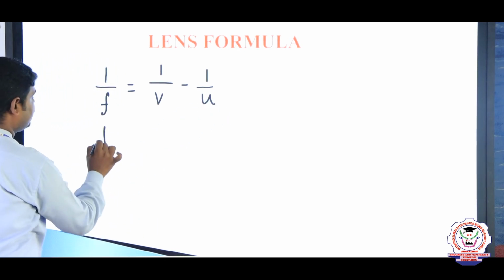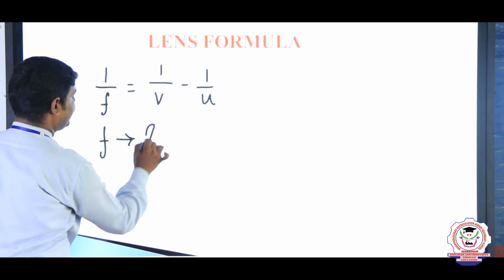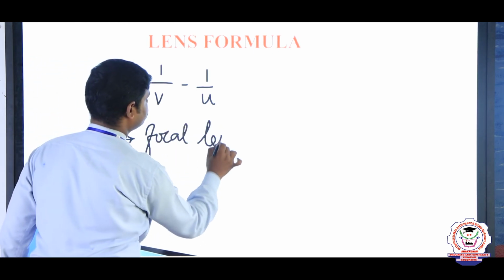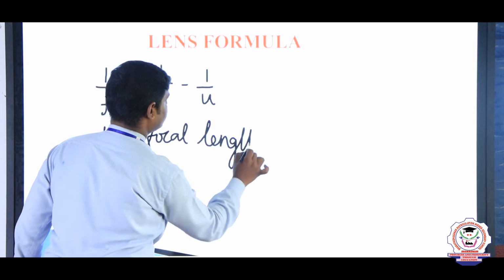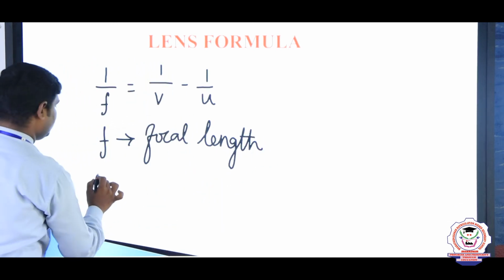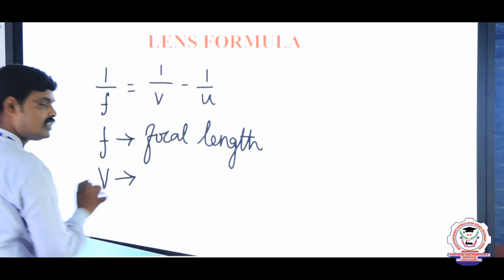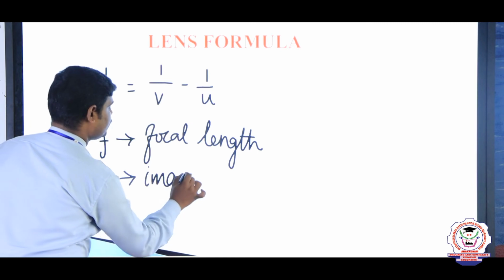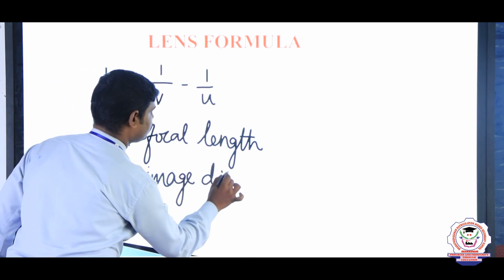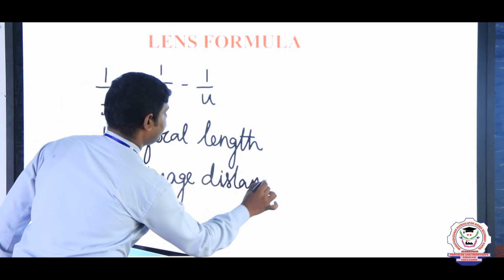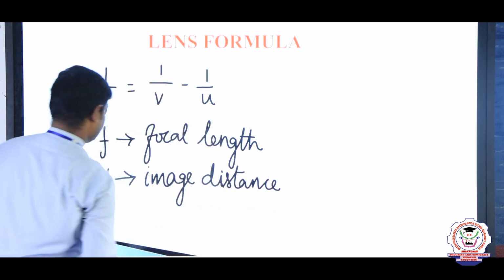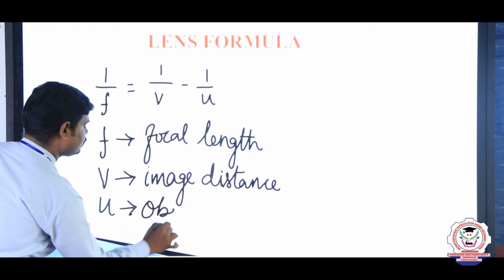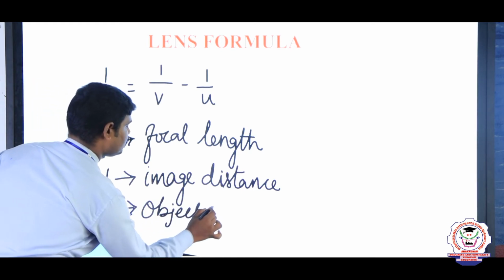Here f is nothing but the focal length, v is nothing but the image distance, and u is nothing but the object distance, right.